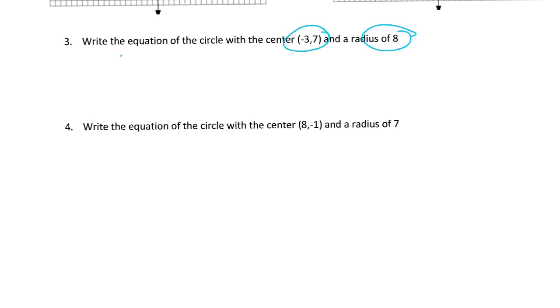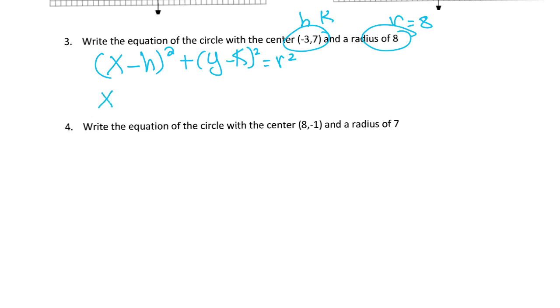So I'll rewrite the general form of the equation of a circle, which is x minus h squared plus y minus k squared equal to r squared. Your h is negative 3, your k is 7, and your r is equal to 8. So I'll put this information, so it will be x minus negative 3 squared plus y minus 7 squared equal to 8 squared.